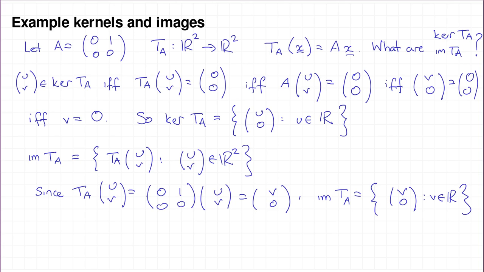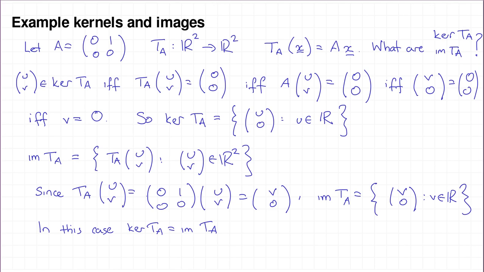So in this case, the kernel happened to be equal to the image. That's just a coincidence. In general, the kernel and the image will be different. Because in general, for linear maps from V to W, the kernel and image are not even subspaces of the same thing.